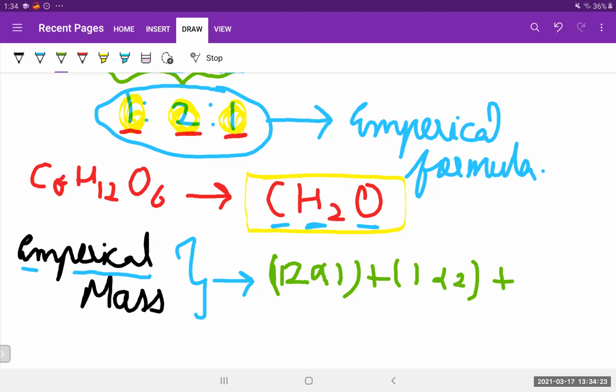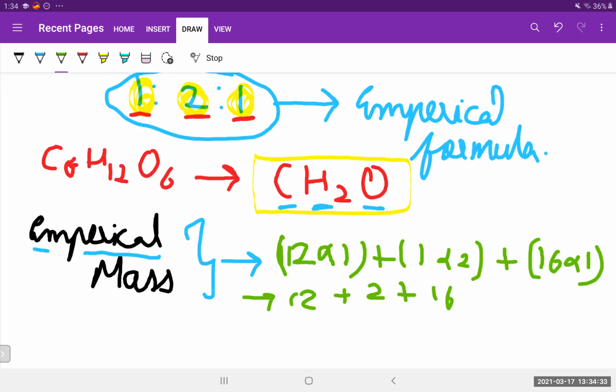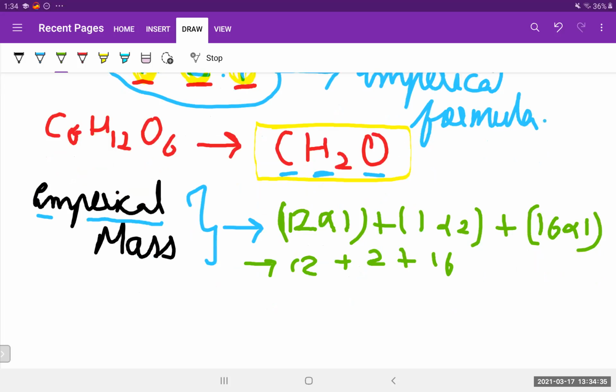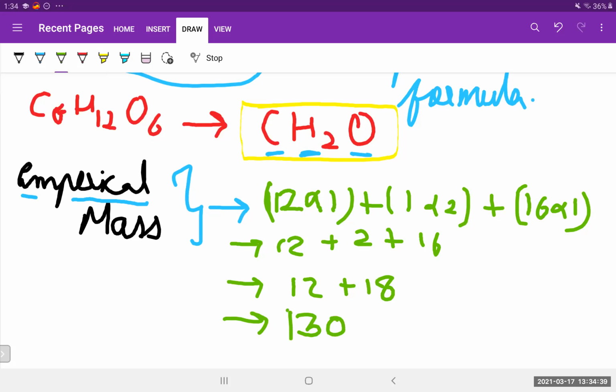Plus 16. 1 oxygen is there, so 16 into 1. What do we get? We'll get 12 plus 2 plus 16. If we add all the things, that will be 30, nothing but amu. Yes, it's 30. And that's the empirical mass.